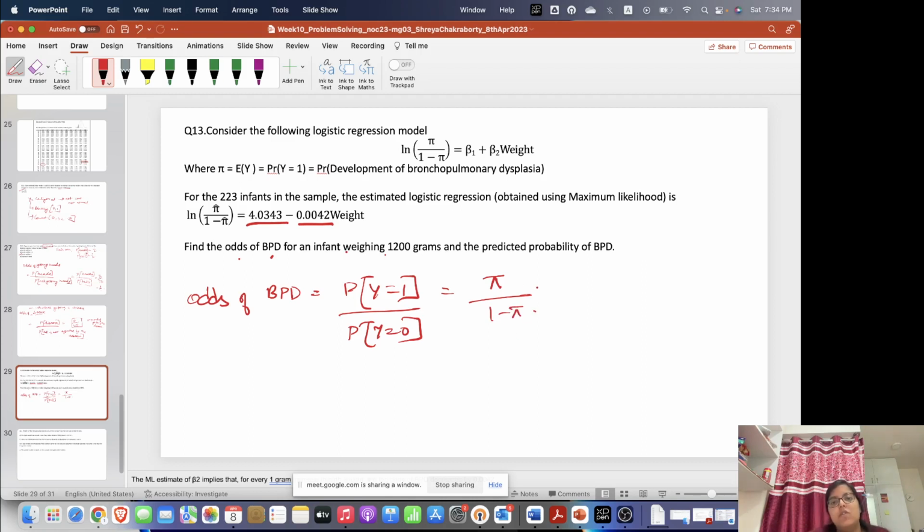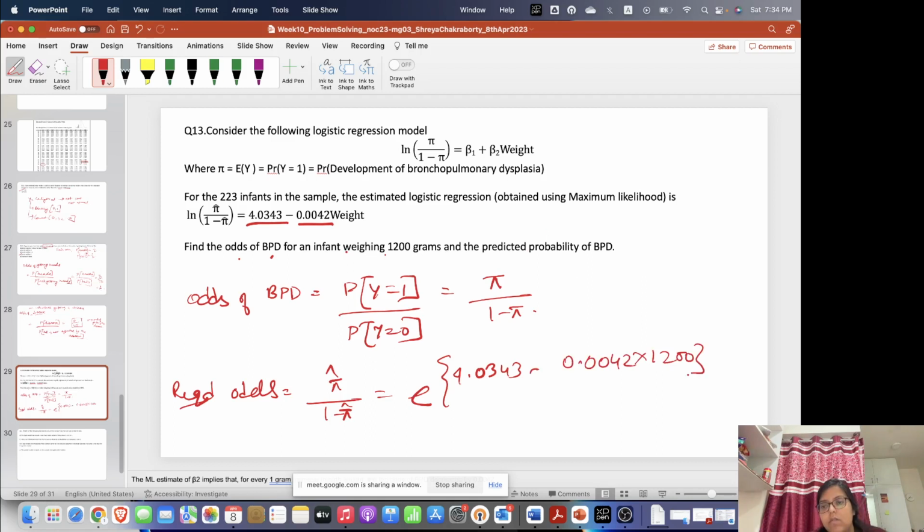So the required odds will be pi hat by 1 minus pi hat. That is estimated, which would be e to the power 4.0343 minus 0.0042 times the weight. What is the weight? 1200.